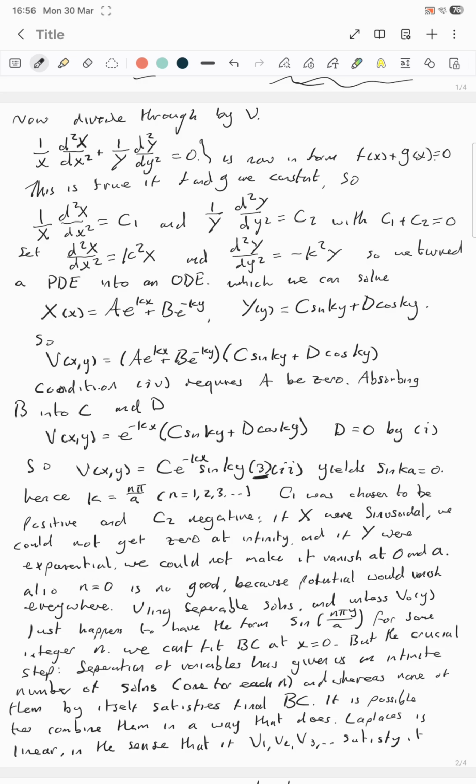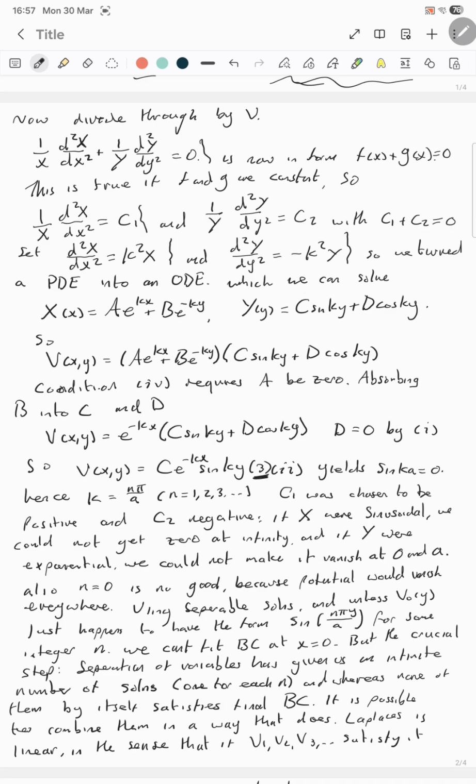This is true if f and g are constant. So we can set each side to a constant, c1 and c2, say, with c1 plus c2 equals 0. Now we'll set our x part to k squared and our y part to negative k squared, because this is the only way you balance the equation.